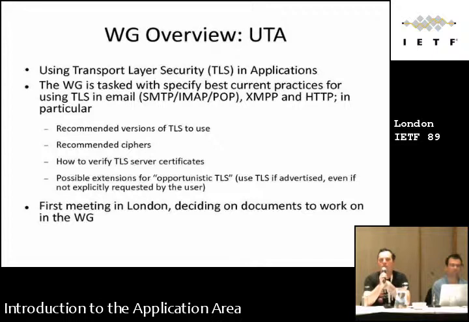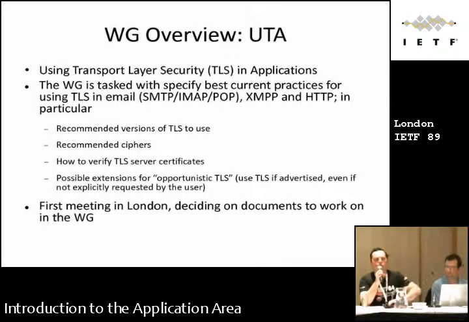So the best opinion about the best ciphers is changing. Also, for email, there are 4 related protocols, and they were all defined at slightly different times. They specify slightly different procedures for both which cipher suites to use and how to verify server certificates and stuff.